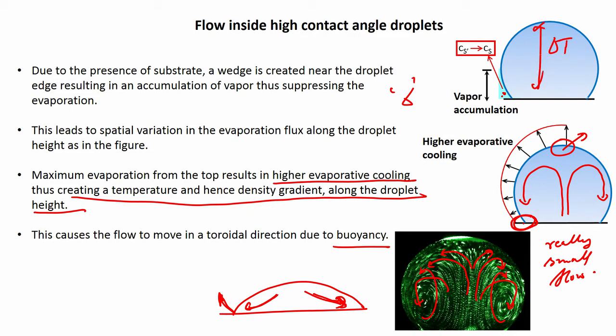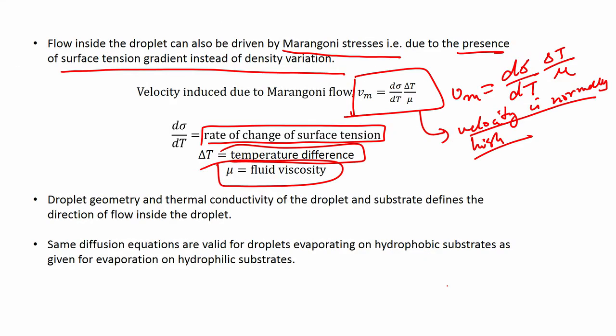Now, this delta T can either lead to a change in density, which can lead to a buoyancy driven flow, or it can lead to a change in the surface tension, giving rise to a Marangoni flow. So, it is the nature of the droplet geometry, and of course parameters like thermal conductivity and things like that, which determine the flow field that is subsequently created.